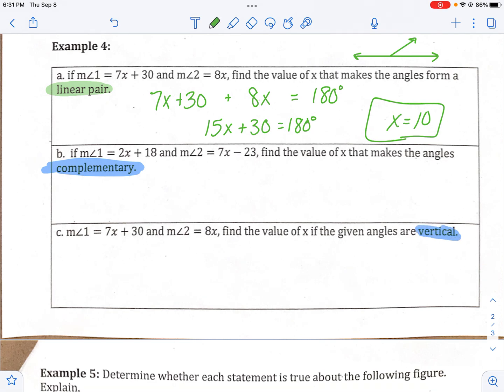All right, so on B, if they're complementary, they should add to 90. So 9x minus 5 equals 90.